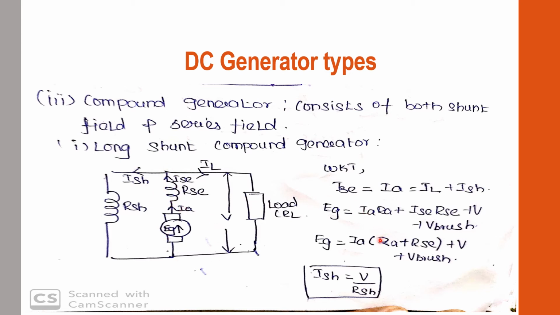So if you take IA common, it becomes IA into (RA plus RSC) plus V brush. From this equation we can find out the armature current IA, or whatever parameter you want, you can easily calculate. Now the shunt current equals the terminal voltage divided by your shunt resistance.